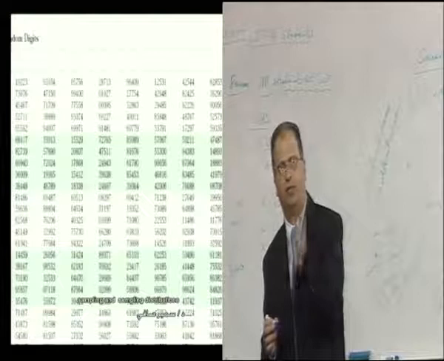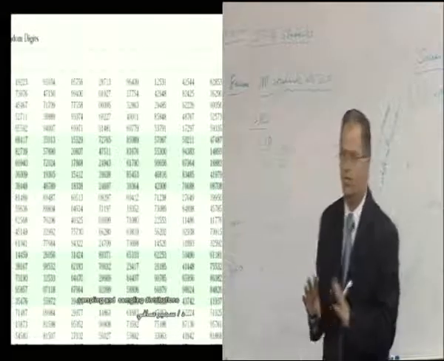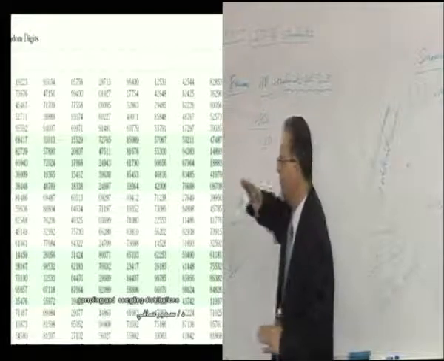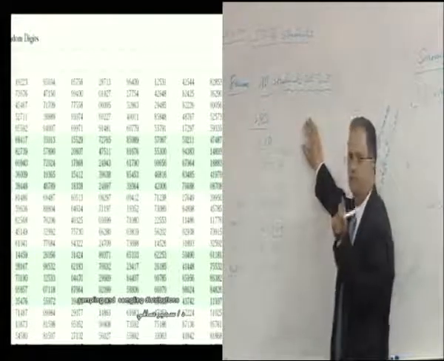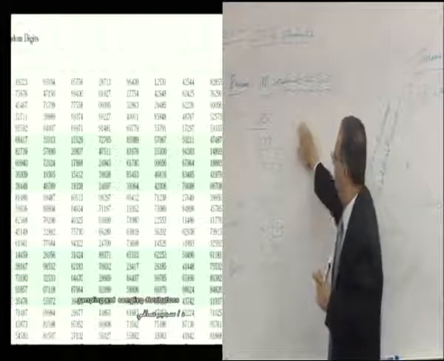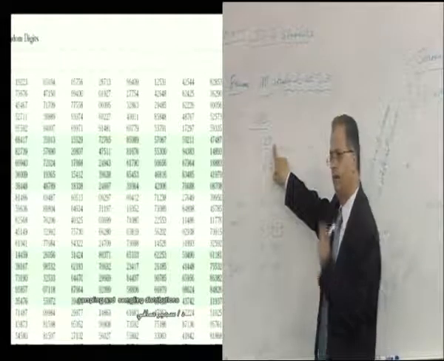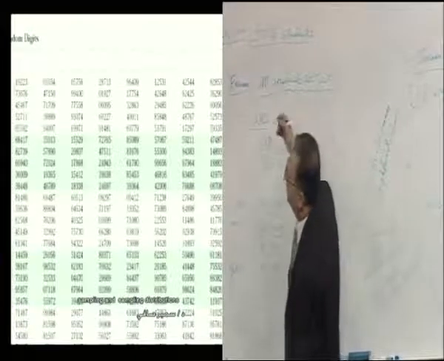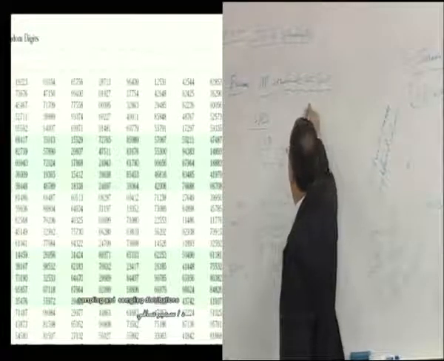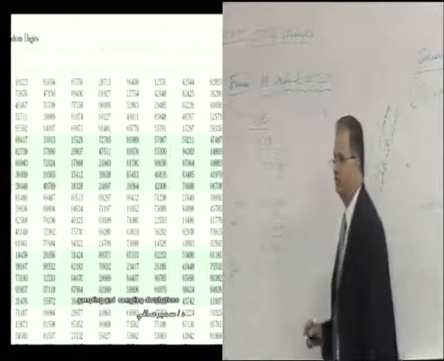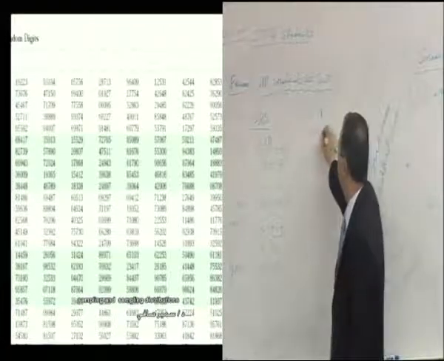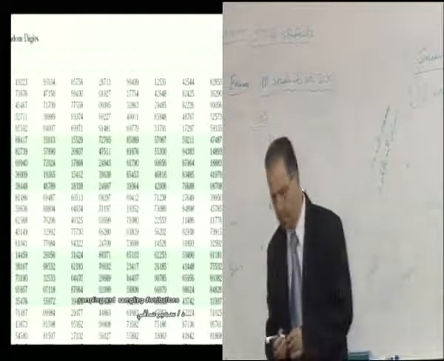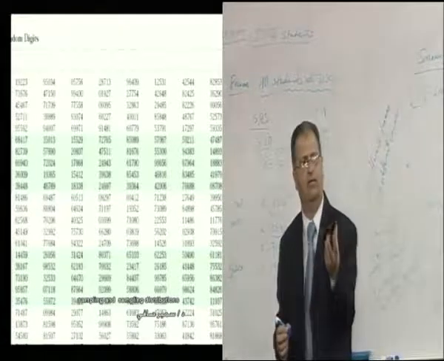Okay, so that's how we can use the random table for selecting a simple random sample. You can choose any row or any column. Then you have to decide how many digits to select. It depends on the population size. Suppose I am talking about IUG students, and we have 30,000 students at this school, and I want to select a random sample of size 10.